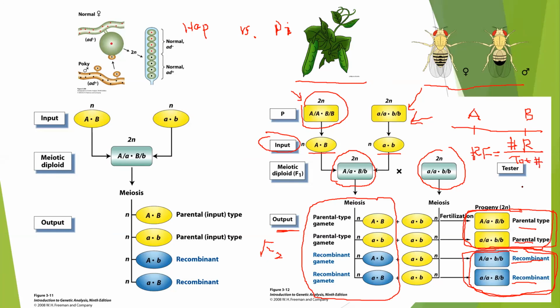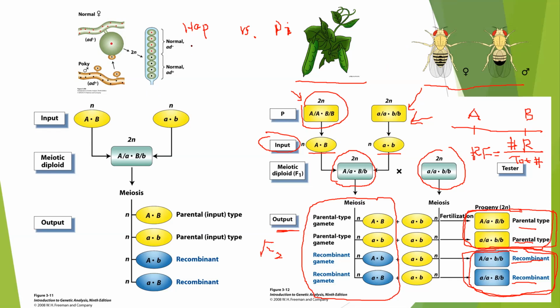This is the way we can calculate the genetic distance between these two genes. Now we can extend this to 3-gene mapping, the 3-point test cross. I tried to give you a very brief review of what we have learned before, but that was only based on the diploid organism.